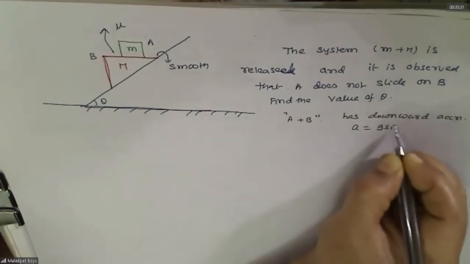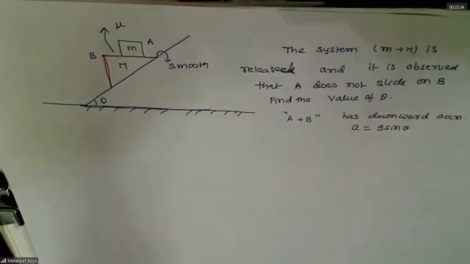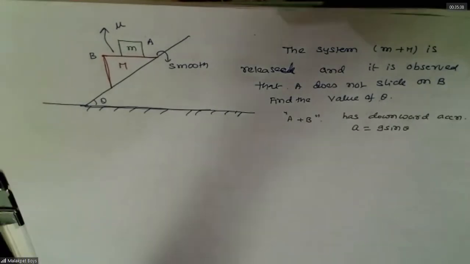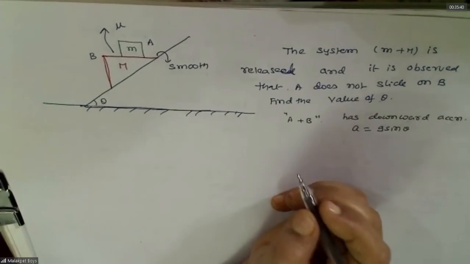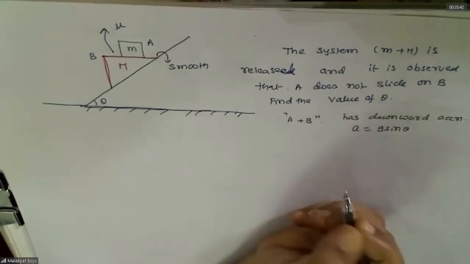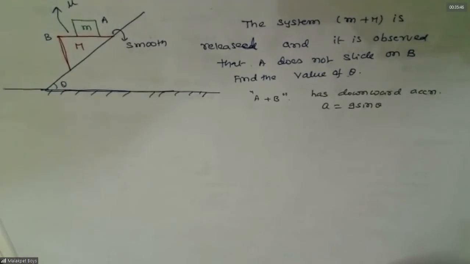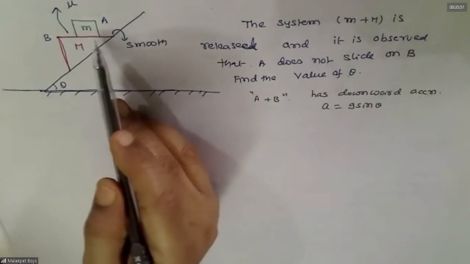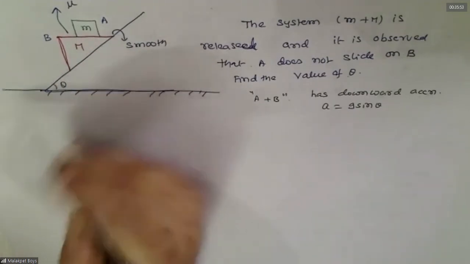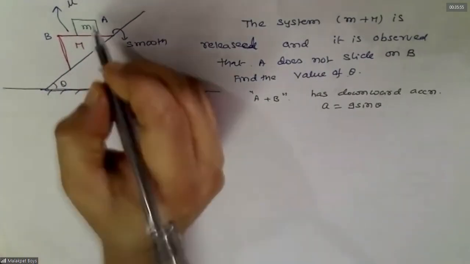Do you agree with this? Sir, can you please explain that? That's what I didn't understand. When you leave this, the system falls down with a common acceleration. They are moving together, man.